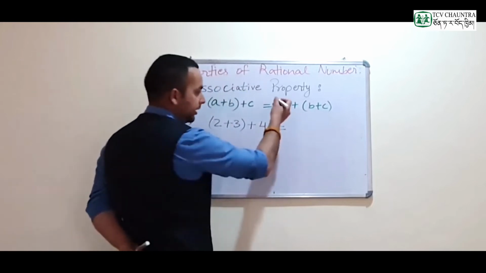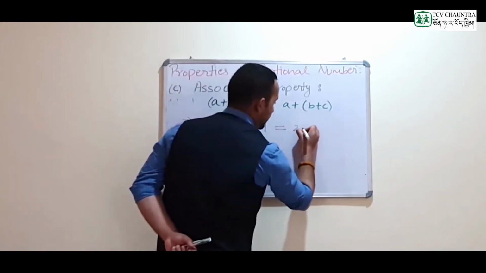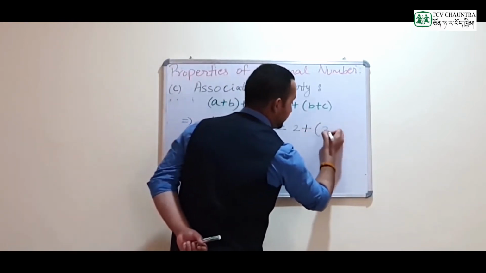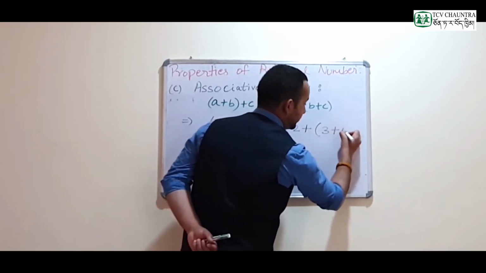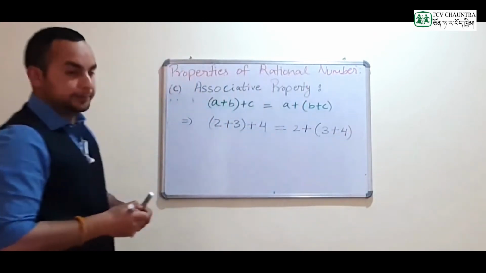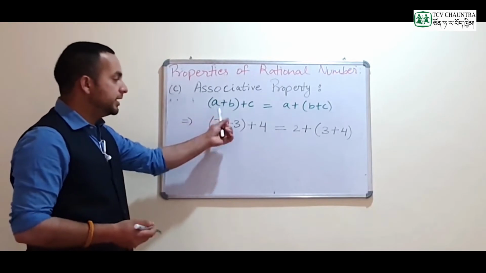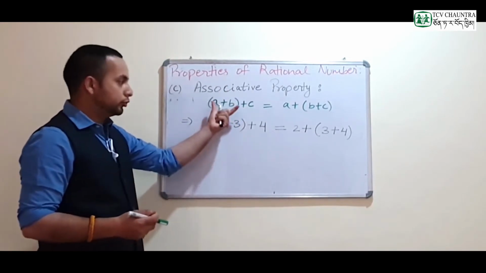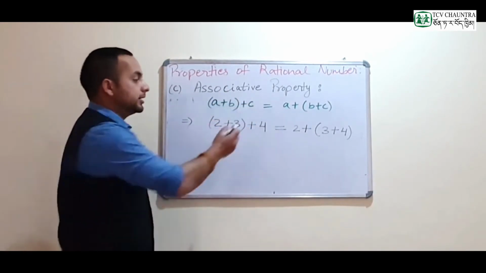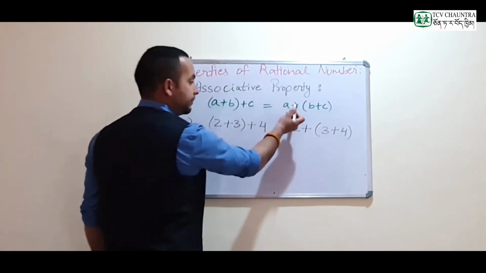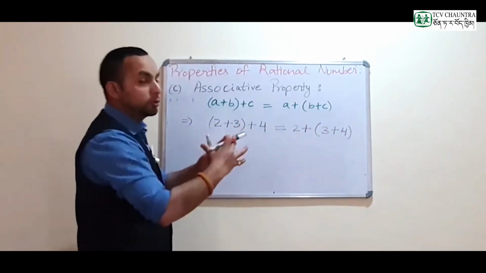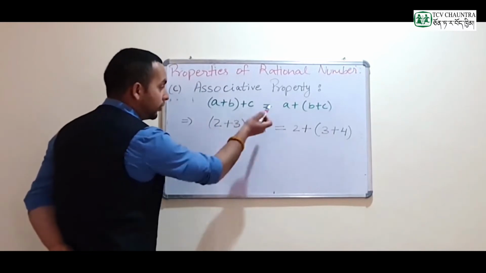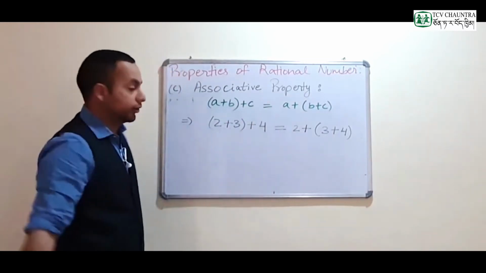Now see, in place of A I substitute 2, in place of B 3, and in place of C 4. So (A + B) + C is equal to A + (B + C). We are going to check whether these two are same or not.